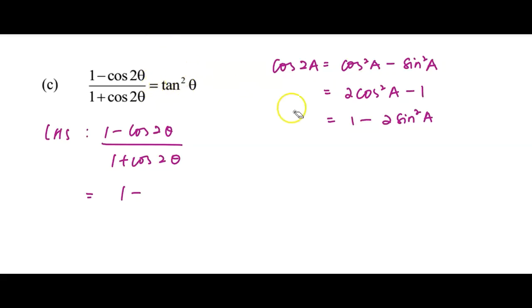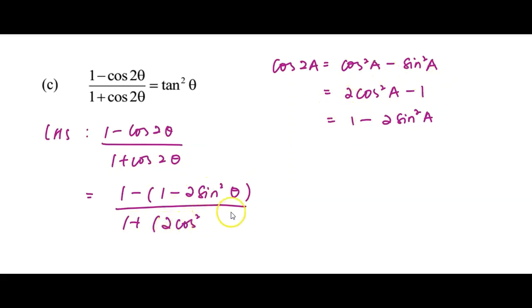So on top, I use the third formula, which is 1 minus 2 sine squared theta, for the cos 2 theta. And down here, for the cos 2 theta, I will use the second formula, that is 2 cos square theta minus 1.